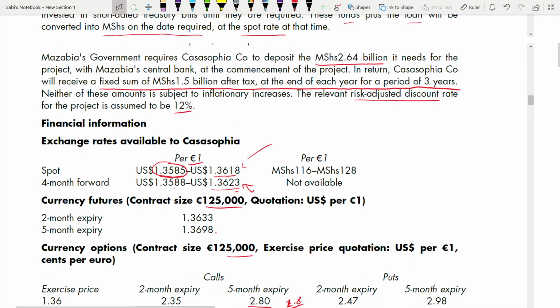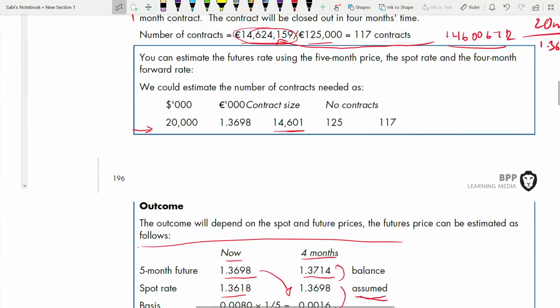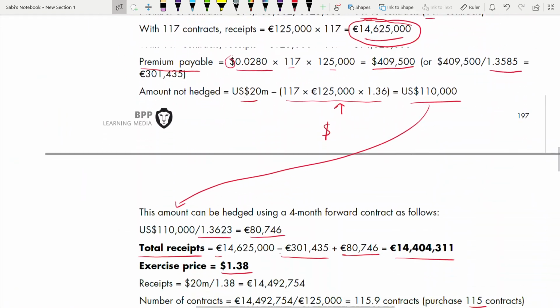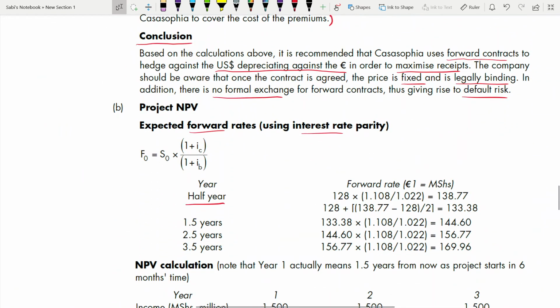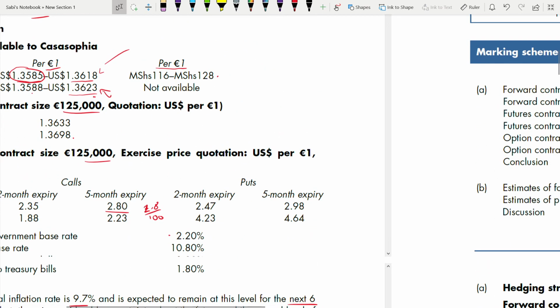So out of this, which one? 116, 128. 160 or 128. It is given as 128, but you need to know the reason why it is 128. Because when you're studying, you know this is why it is 128. If you can see here, it is 128 only. Based on that only, you are multiplying by the interest rate. But why 128?